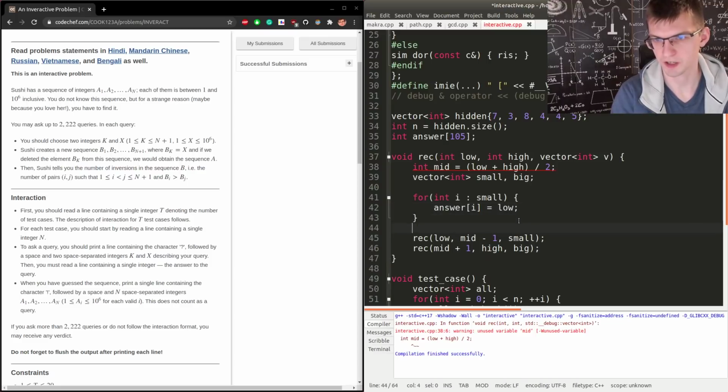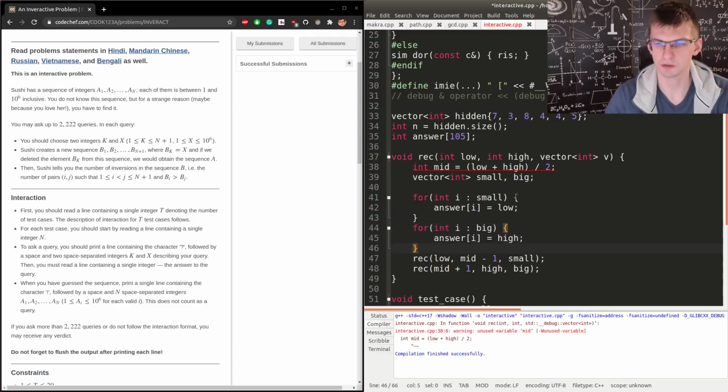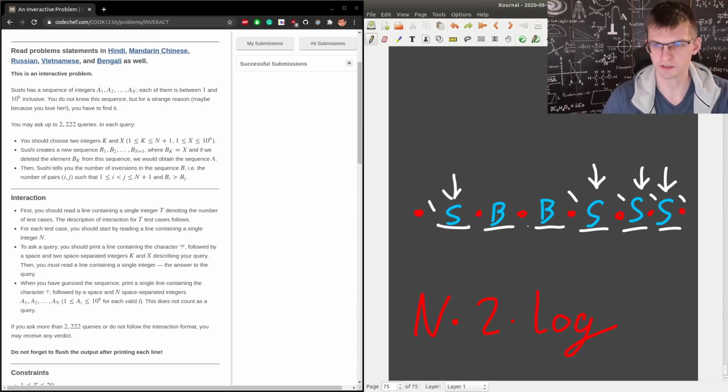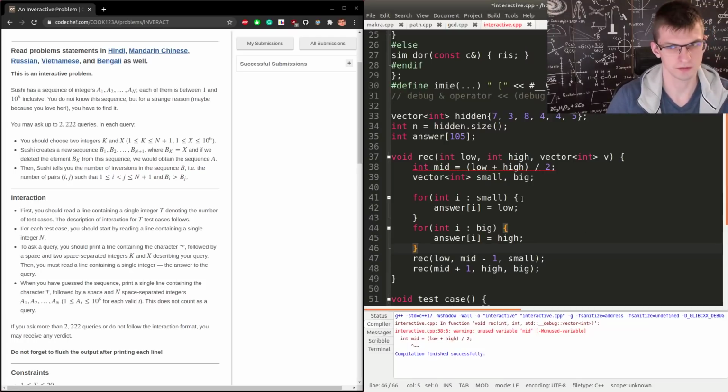This is some hack, so that I would know what's the number of inversions. If I know that those numbers are big, I can as well set them temporarily to 1 million, so that when I focus on small values, I know what inversions are created. Yeah, exactly.